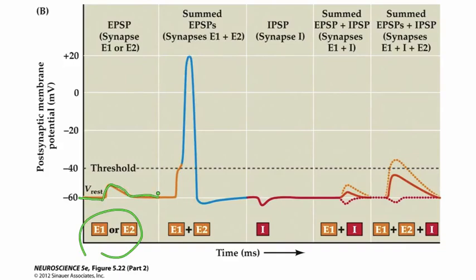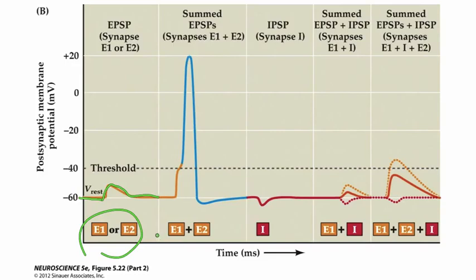And this really is more typical of what we see in the brain. No one synapse is that strong. So in order to achieve firing threshold for the generation of an action potential, we need to have multiple excitatory inputs summate their postsynaptic potentials in the same region of the dendrite at the same time. This is what we call summation.